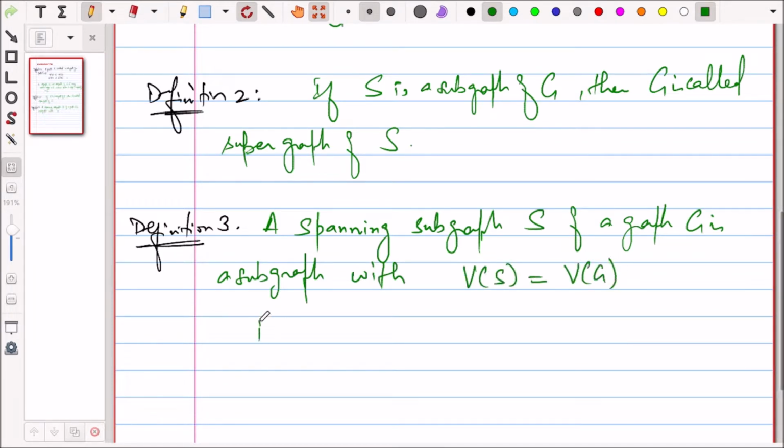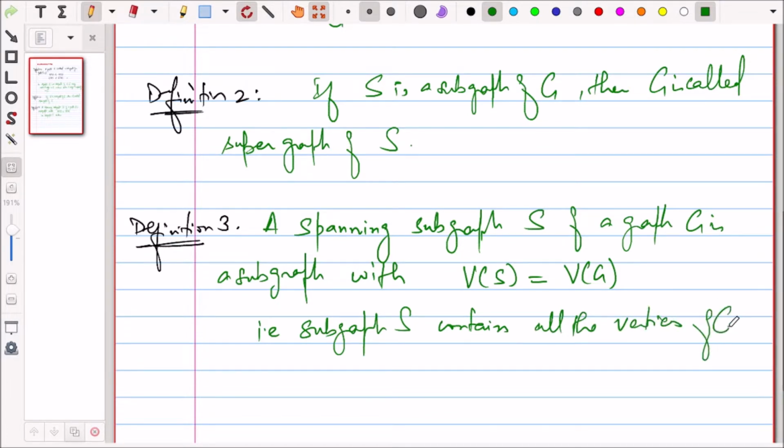That is, subgraph S contains all the vertices of G. एजेस के बारे में कुछ नहीं, एजेस कम भी हो सकते हैं बट वर्टिसेस सारे के सारे होने चाहिए, then the subgraph will be called spanning subgraph of G. ठीक है, तो subgraph S is called a spanning subgraph of G if Vs is equal to Vg. That is, every vertex in G is a vertex in S. Fine.